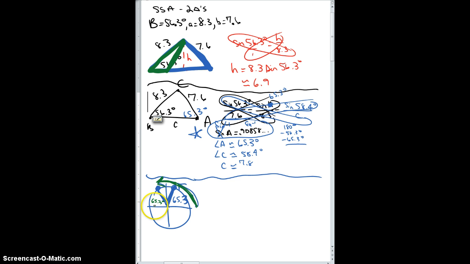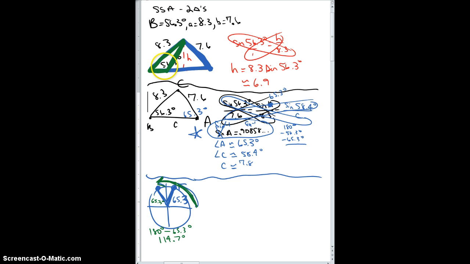So if I take 180 minus this guy, I'll end up getting that one. So 180 degrees minus 65.3 degrees, and if I subtract those correctly, I end up getting 114.7 degrees. And so that is this obtuse angle right here.